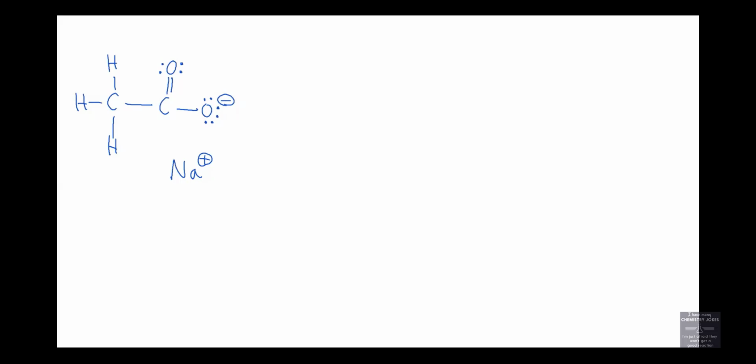I hope you remember from general chemistry that double bonds and single bonds have different lengths. A double bond is shorter than a single bond. So that might lead you to say this bond is shorter than that bond. It's not. Because of resonance, this molecule could also be drawn as this version, where the oxygen over here is now making a double bond, and the one up there is now making a single bond and has the negative charge.